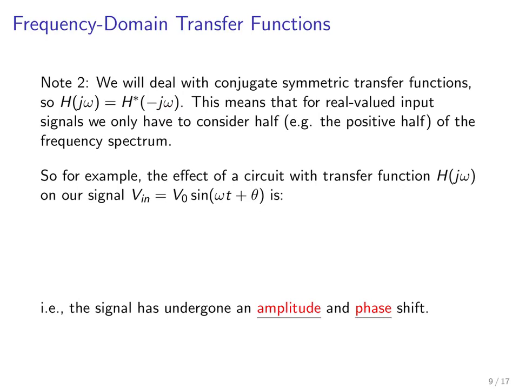And so what this is saying is that we really only have to care about what happens on the plus omega side. So this means that for real valued input signals, we only have to consider half, such as the positive half, of the frequency spectrum. So indeed, that's what we're going to do for the remainder of this lecture. And in most of your work, you only have to care about one half of the spectrum.